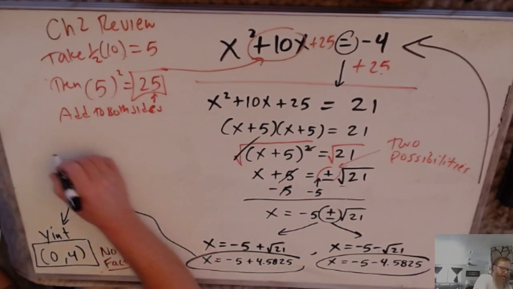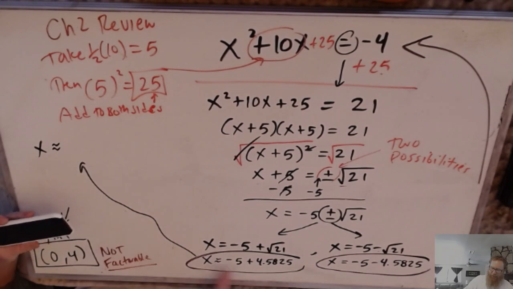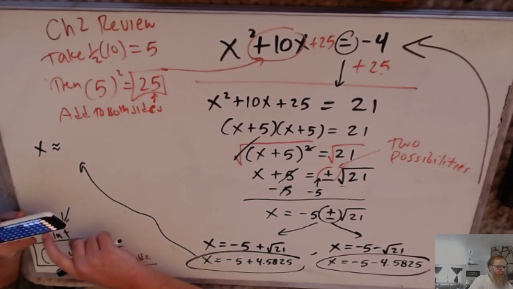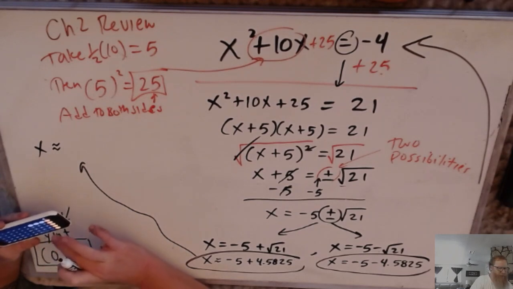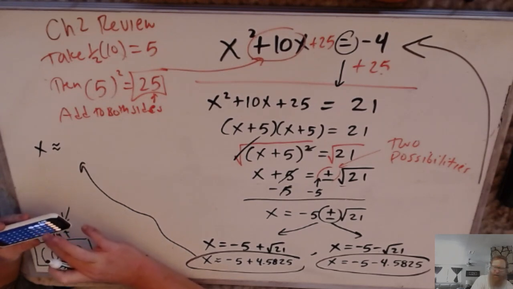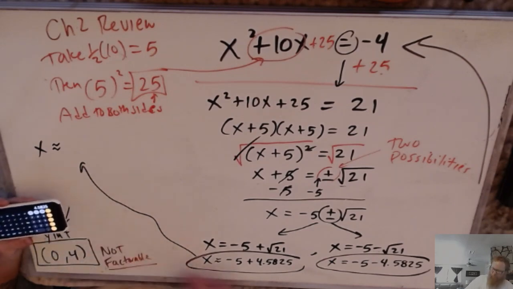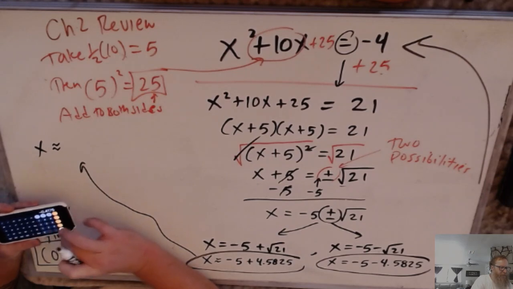So we've got x is approximately negative 5 plus that. So what's that? 4.5825. 4 decimals is plenty for now, and then plus negative 5.